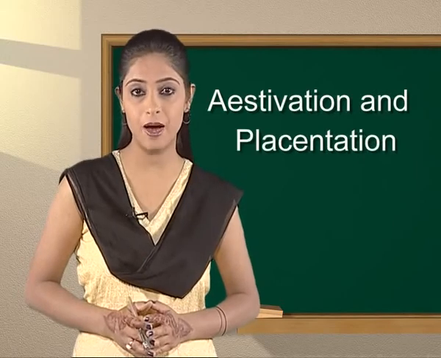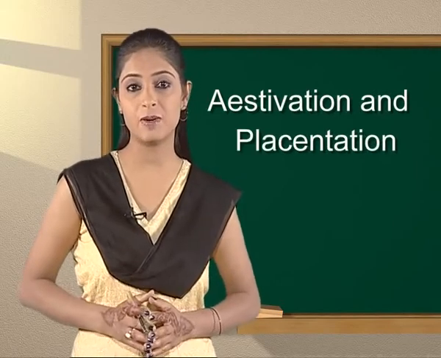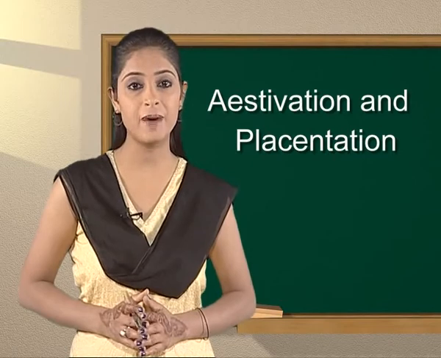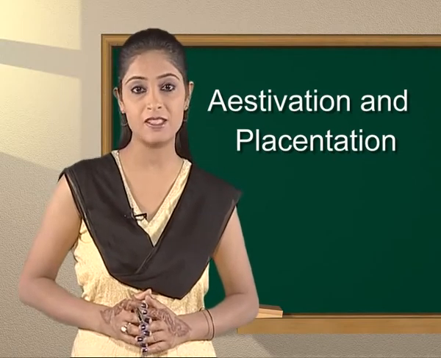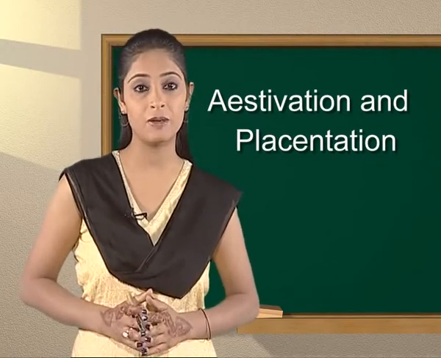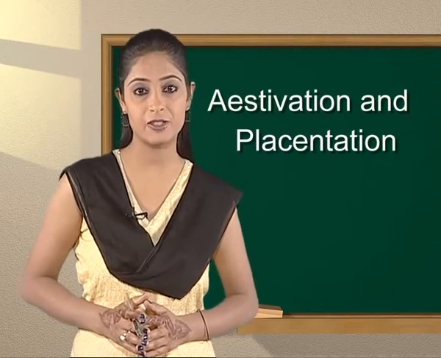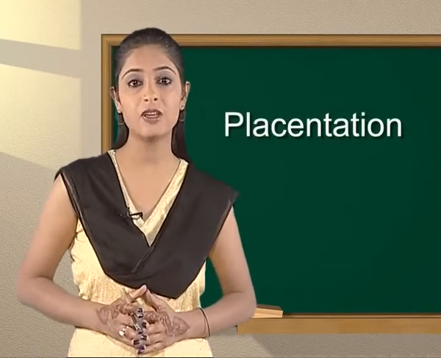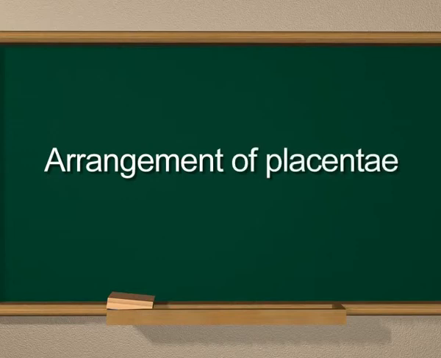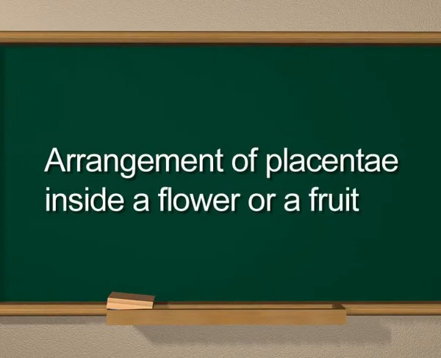The arrangement of placentae in a compound ovary of Angiosperms is characterized by the presence or absence of a central column in the ovary and by the site of attachment. So, the term placentation commonly refers to the arrangement of placentae inside a flower or a fruit.